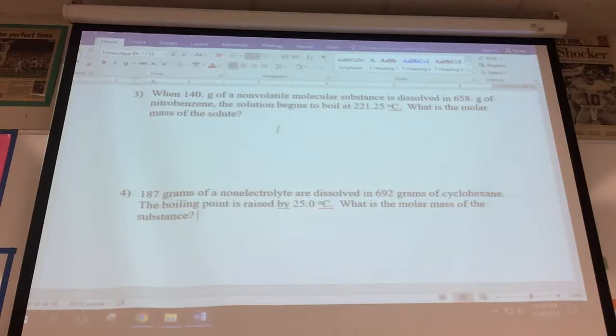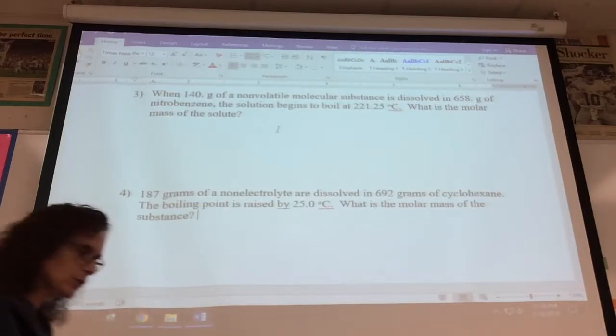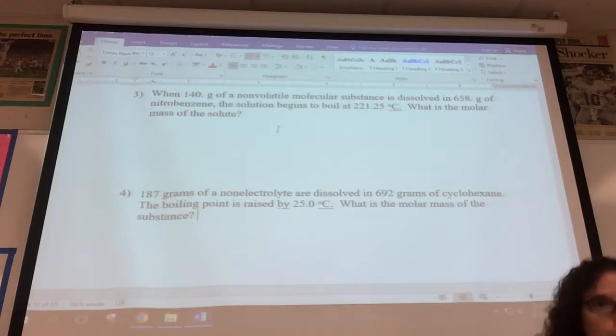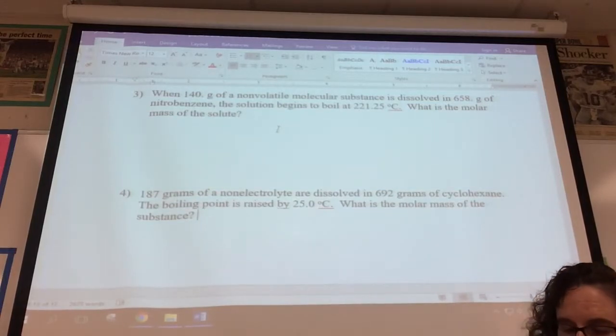We just want to do 2 additional problems to determine molar and molecular mass of the solute. Yesterday we did them from freezing point of solution, and I just want to make sure that you feel comfortable doing it from boiling point of solution.